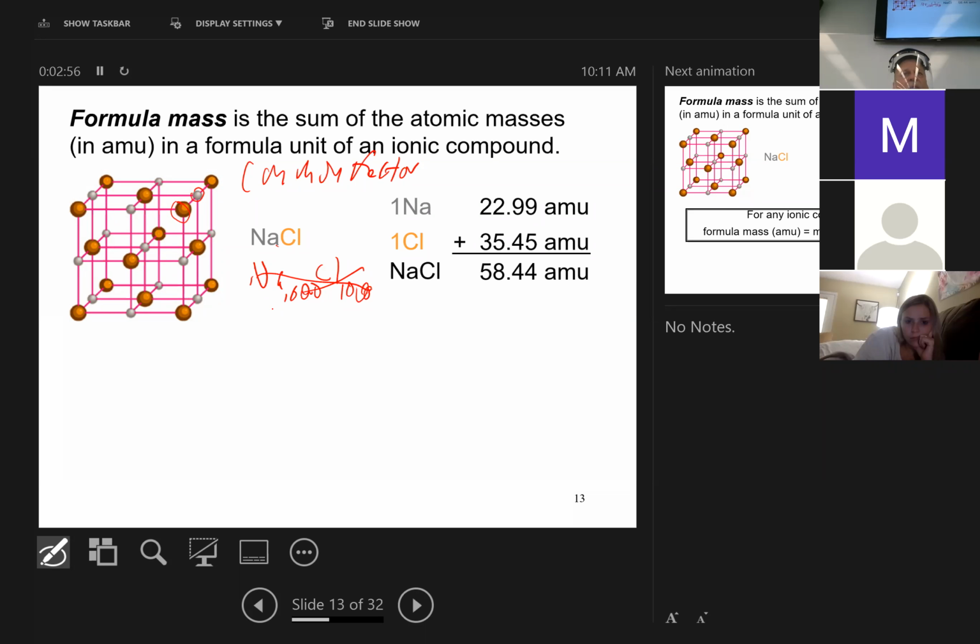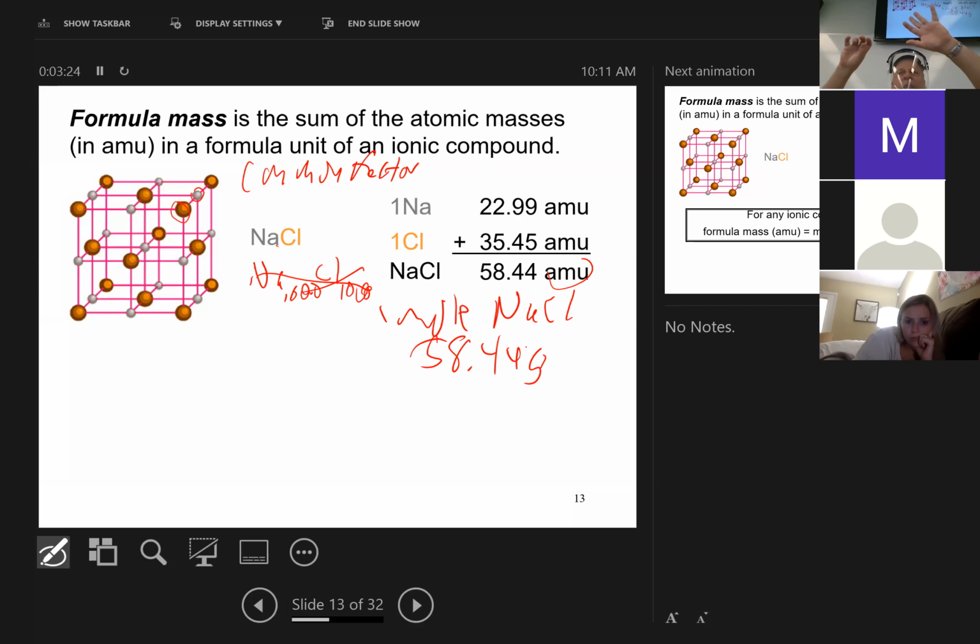Now, this is interchangeable with molecular weight when you convert it to grams. So how much is the mass of 1 mole of sodium chloride? What's the mass? 58.44 grams. So the conversion is AMU goes to grams when you bring in moles.